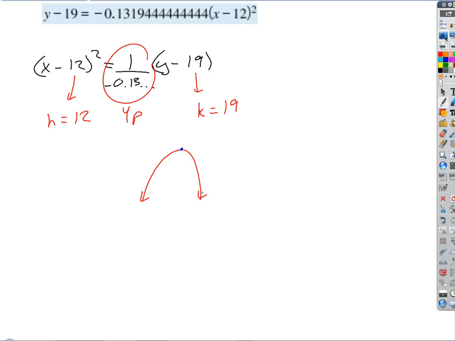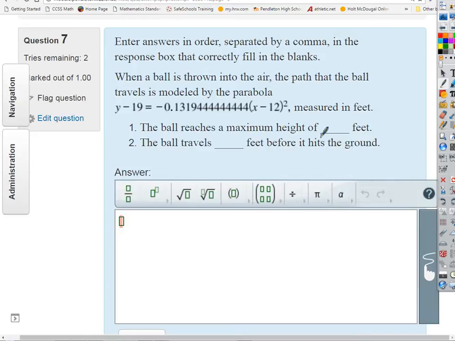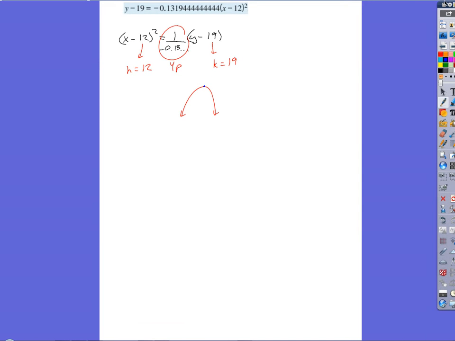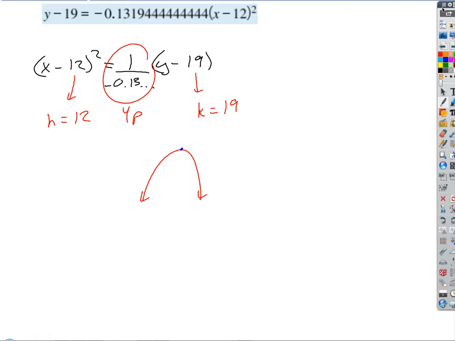So when they want to know the ball reaches a maximum height of, well, whatever the y value is at this point. The coordinates of the vertex are 12, 19, and so we can see that 19 is the maximum height. Let's put that in.